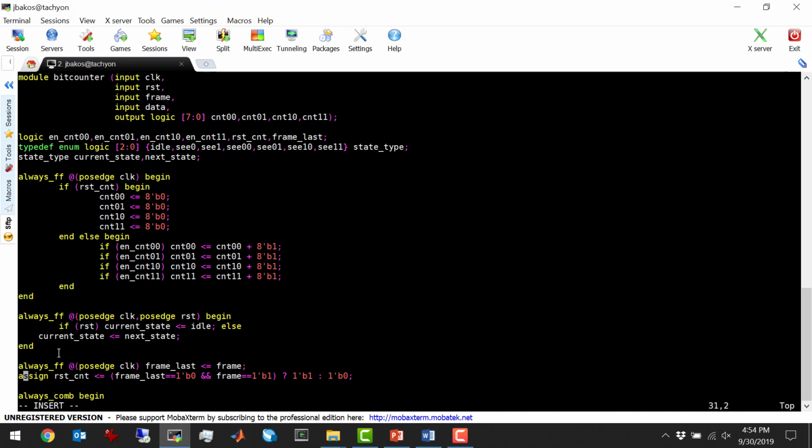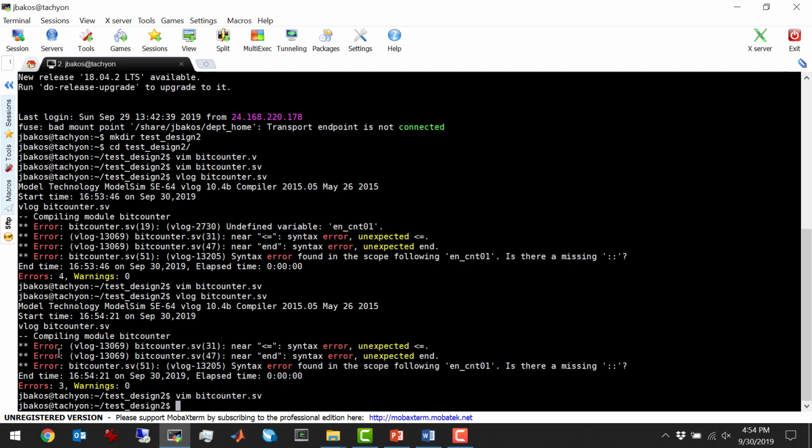Oh, sorry, when you do an assign, that's a syntax thing. When you do a continuous assignment statement in Verilog, there's just one equal sign. I always forget that because in VHDL, the equivalent statement is called a concurrent assignment statement. It does exactly the same thing, but it uses the less than equal thing. So I always screw that up.